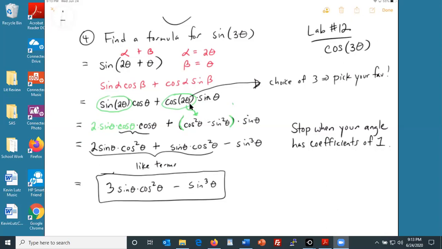Just like here, when I was saying with the cosine of 2 theta, I had a choice of 3 things that I could substitute in. So really, there are 3 different answers for this particular problem alone, just because the cosine formula for 2 theta has 3 choices, and you can pick any one of them. So there's 3 possibilities for each of these problems.